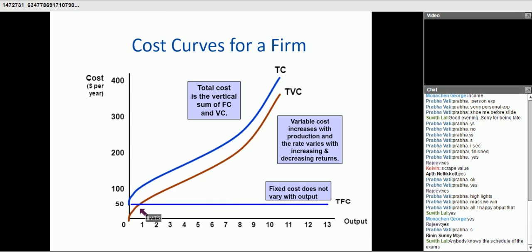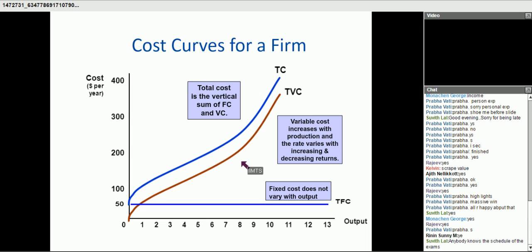So this is the total fixed cost, because for any unit of output the fixed cost will remain the same. So it is a line parallel to the X axis. It will be a straight line. So it's total fixed cost.